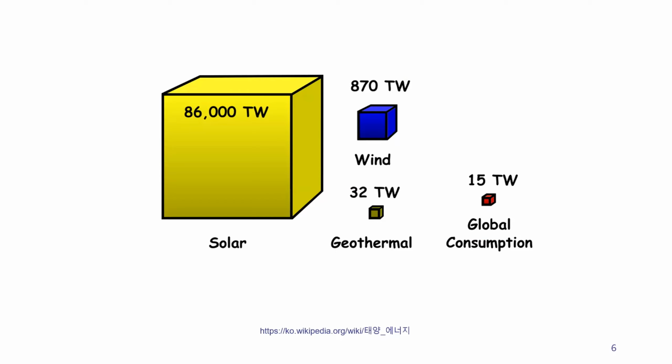Now, the solar power and wind power and geothermal and global consumption are shown as small boxes. So you see that on the right-hand side, the global consumption is only 15 terawatt, but the whole wind of the Earth is much bigger.